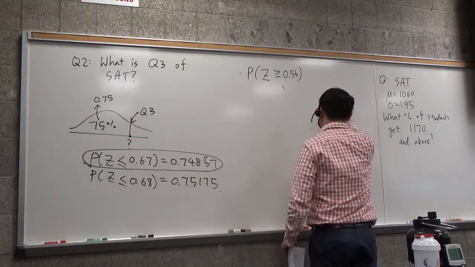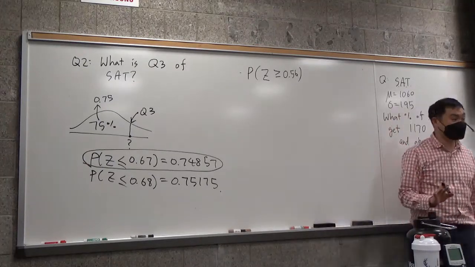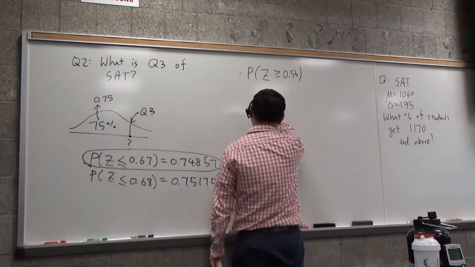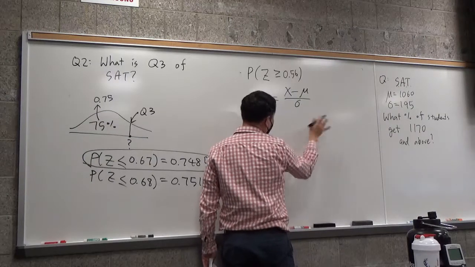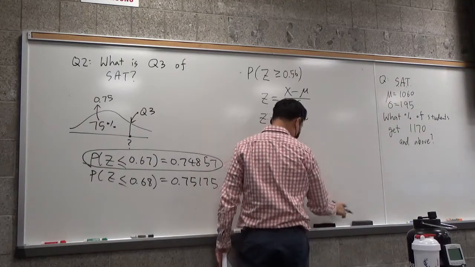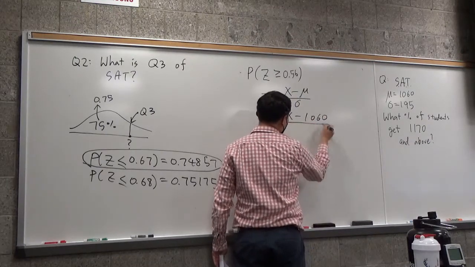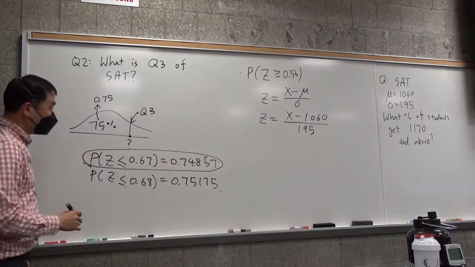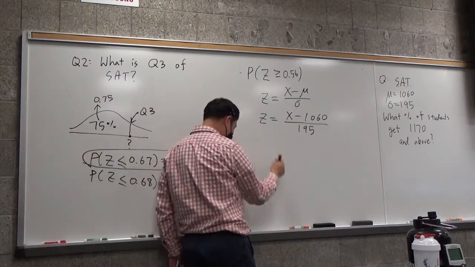But that's the z-score, right? Now what you have to do is convert that into the x-score. So what's the relationship between x and z? Z is x minus mu over sigma, and in this context, z is x minus 1060 divided by 195. Right? And then because z is 0.67, we plug that in here.